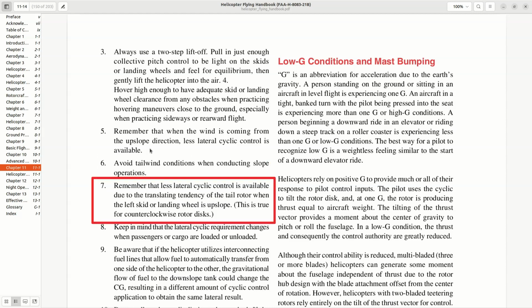Remember that less lateral cyclic control is available due to the translating tendency of the tail rotor when the left skid or landing wheel, as appropriate, is upslope. So that's one reason why if I'm flying something like a Schweitzer, I always try to have the right skid upslope.